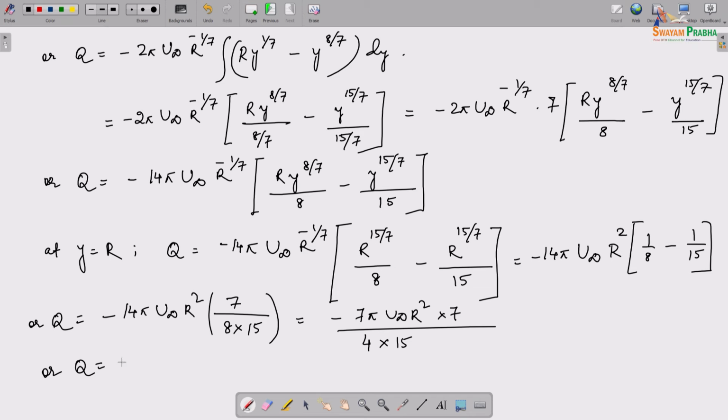So Q is equal to minus 49 pi R square by 60 u infinity.